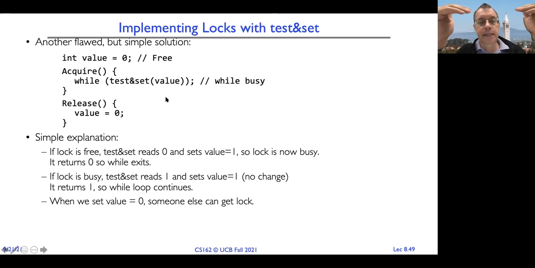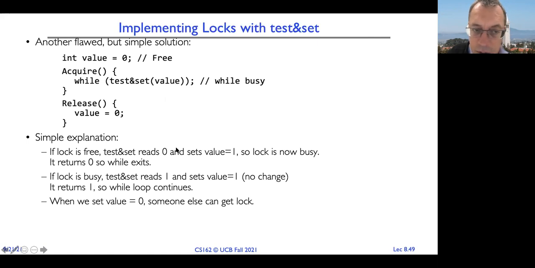Remember what test and set is doing. Test and set is going to return the value and set it to 1 in one instruction. If the value is 0, you return the value to while. So while is going to exit and set value to 1.